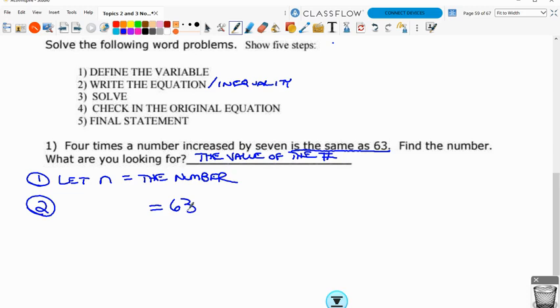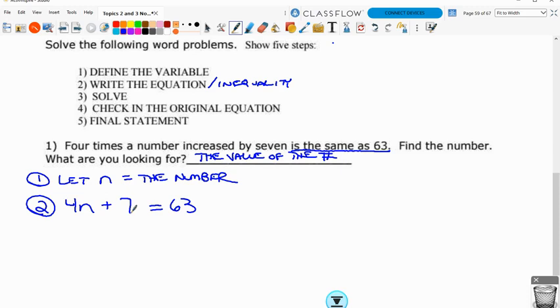Now I need the rest of the equation. It says 4 times a number, so I'm going to do 4 times some number, which I've just called n, so 4n, and then increased by 7. Increased means to add, so I'm going to have 4n plus 7 equals 63.